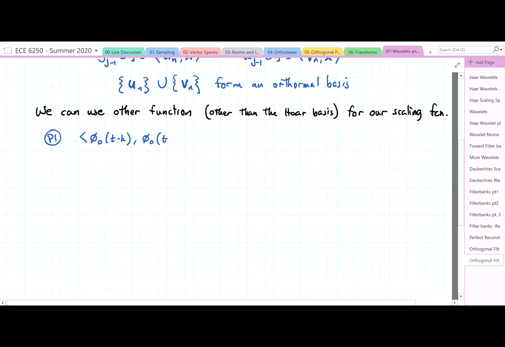Now here we're dealing with continuous functions again, so we're jumping back and forth with operating on the discrete coefficients to, right now, talking about the actual continuous time signal itself. So we want this to be 1 for k equals n and 0 otherwise.